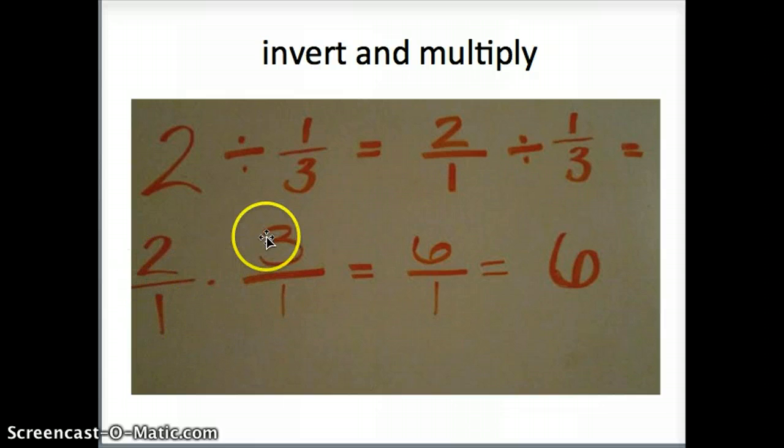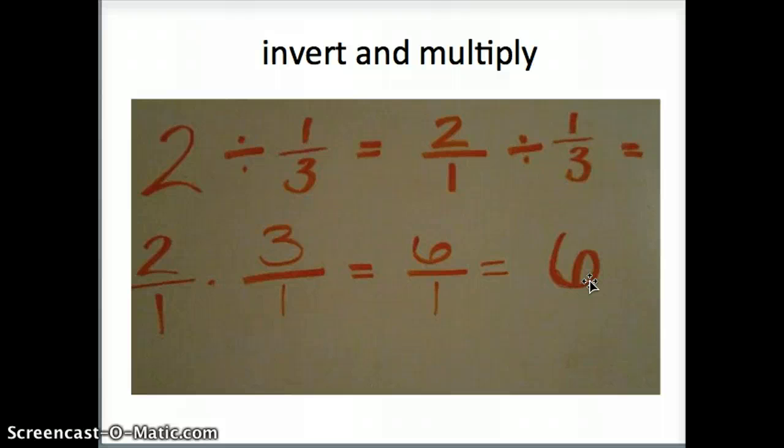So 2 times 3 is equal to 6, and 1 times 1 is equal to 1. And you know that with a fraction, any number that is over 1 is just the number. So it's equal to 6 different groups of 1/3 pound of beef in each group.